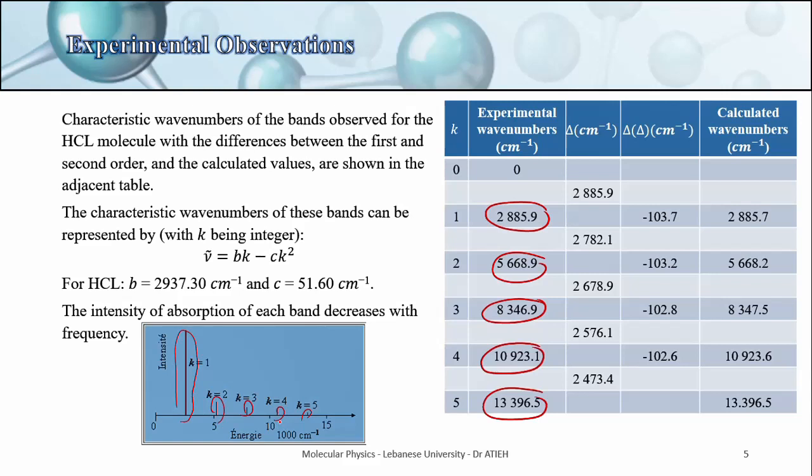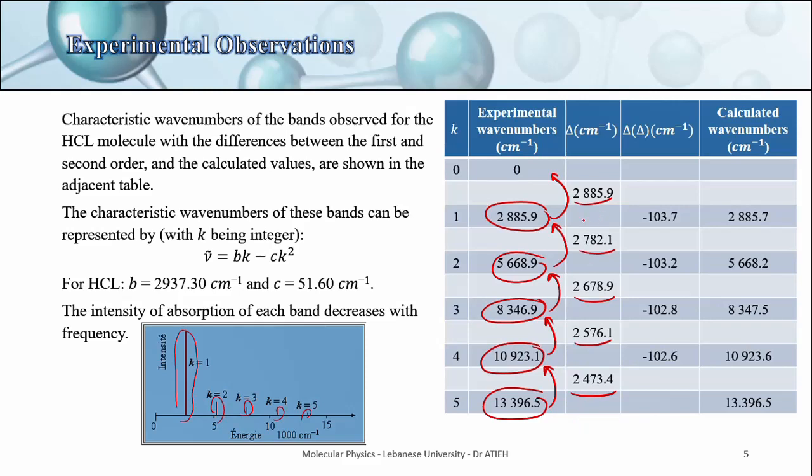We try to make a link between the observed wave numbers, or the experimental wave numbers. So we started by subtracting the different neighbor wave numbers, or adjacent wave numbers. We subtracted 1 from 0 to get this number, 2 from 1 to get this number, 3 from 2, 4 from 3, and 5 from 4. This is the same method we have done for rotational spectra.